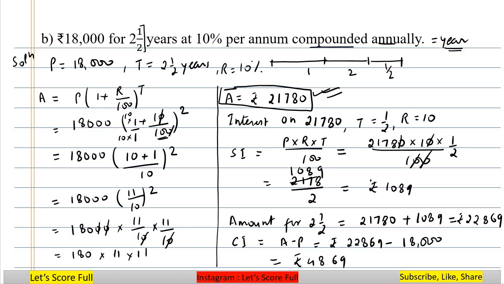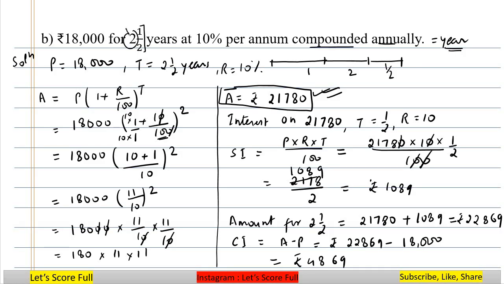A small recap for this question. Whenever the time period is not the whole compounding period, compounding period we understood as after what time, after how long duration the compound interest is added to the principal. So here it says year. So I have 2 whole years, but there is a half year in fraction.